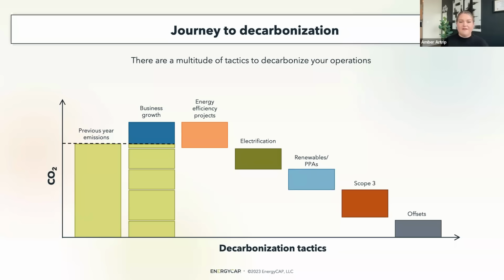From there, once you've done everything you can in your facilities to reduce energy consumption, there's always work to be done to ensure that you're using the greenest energy sources possible. Electrification projects are a great place to start to ensure you're utilizing greener energy. There's also renewables and power purchase agreements to ensure that you're sourcing the greenest energy possible that are great options.